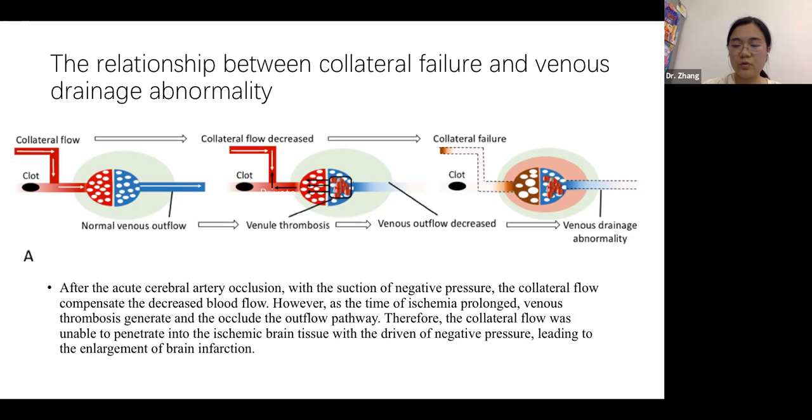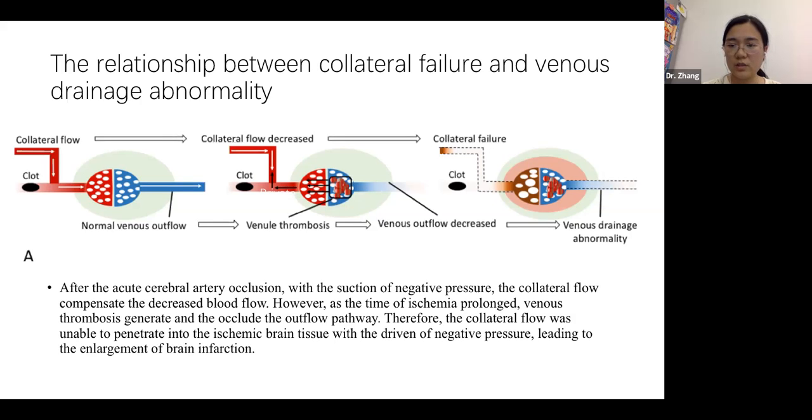In brief, there is a network between the cerebral arteries and cerebral veins. Although the perfusion support from the collateral flow can compensate the perfusion deficit, the brain perfusion not only depends on the arterial flow, it also depends on how the arterial flow goes out of the brain, that is, the cerebral venous system.